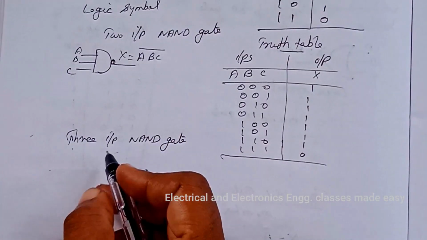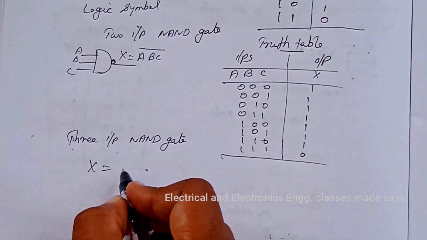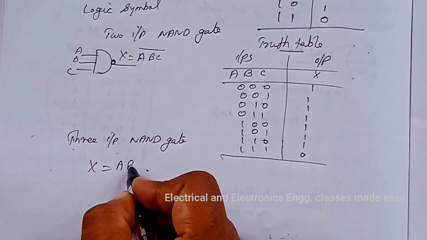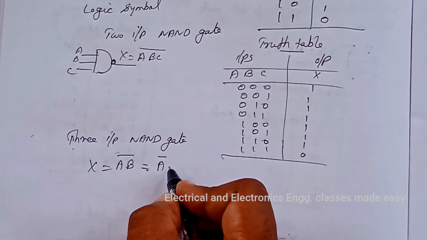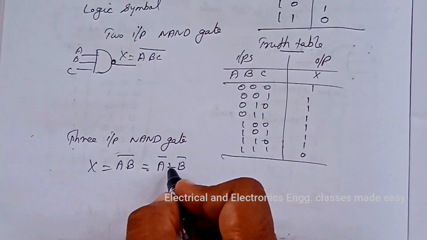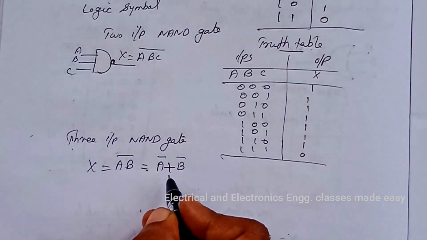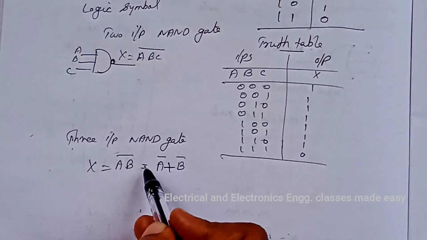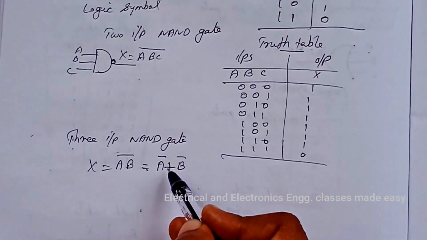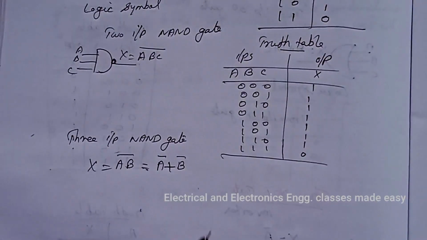That is, the output x is equal to a b whole bar, which can be written as a bar plus b bar. This is the OR operation of NAND gate. That is, x is equal to ab the whole bar is equal to a bar plus b bar, or a complement plus b complement.